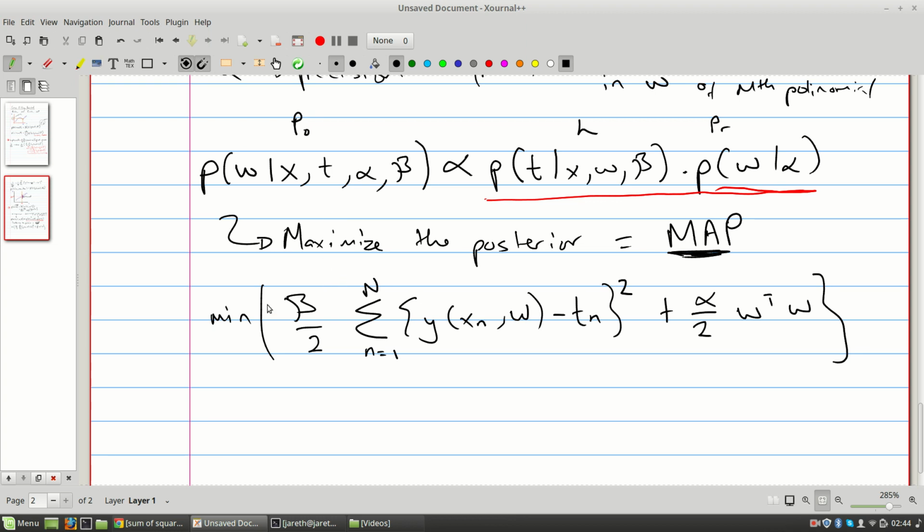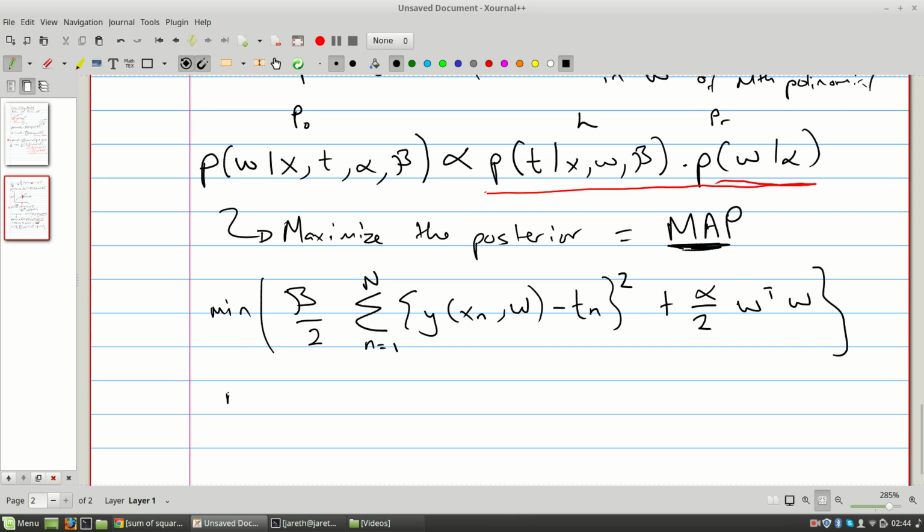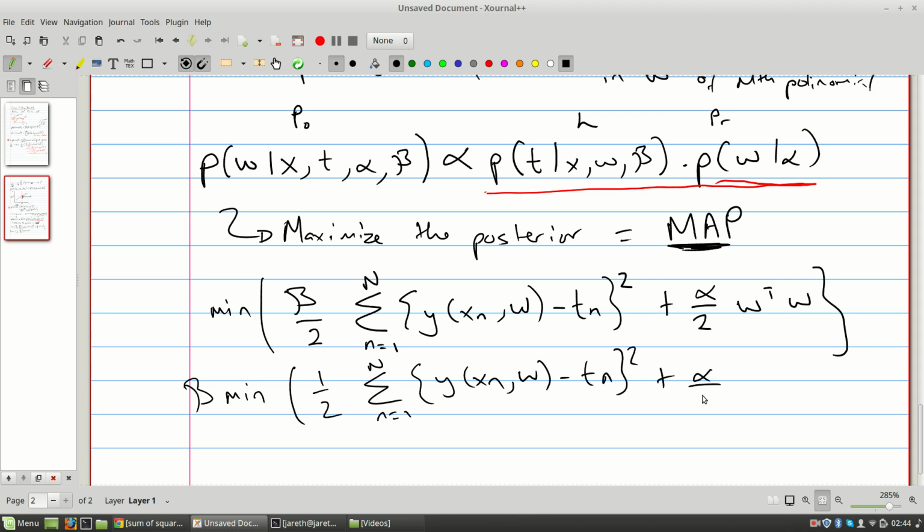We can take beta out, and we end up minimizing beta times the minimum of 1 over 2 summation n equals 1 up to N of y(xn, w) minus tn, squared, plus alpha over beta.